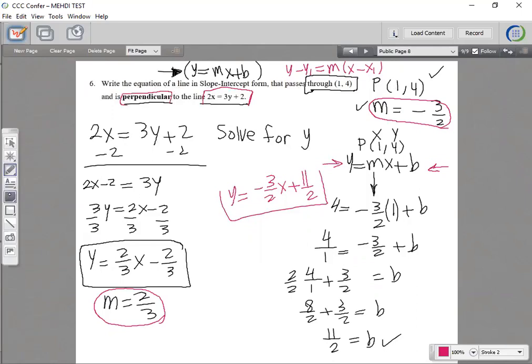If two lines are perpendicular, the slopes are negative and reciprocal of each other. Got it. Now, if I change this from perpendicular to parallel, then I would use the exact same slope, 2 over 3. If two lines are parallel, the slope would be exactly the same. If two lines are perpendicular, the slopes are negative and reciprocal of each other. Got it. Okay, good.